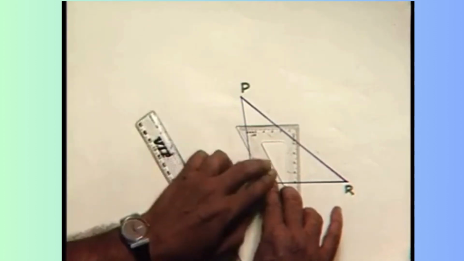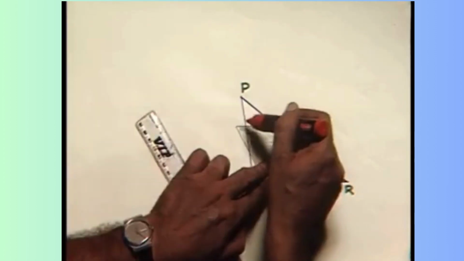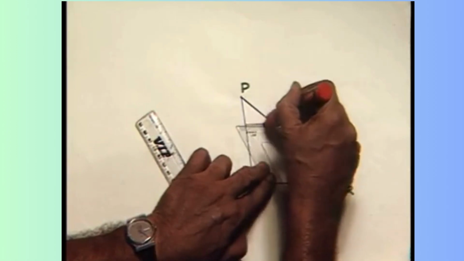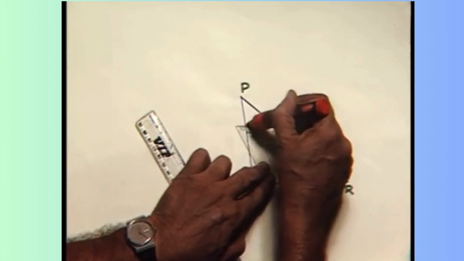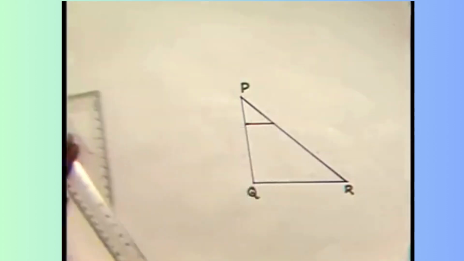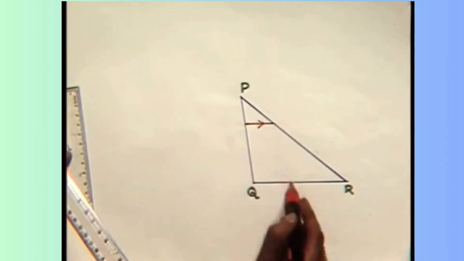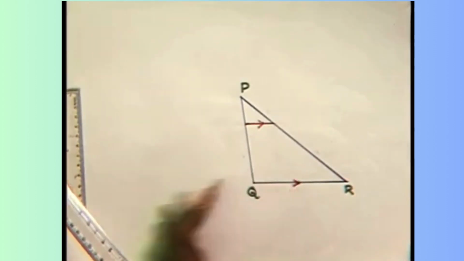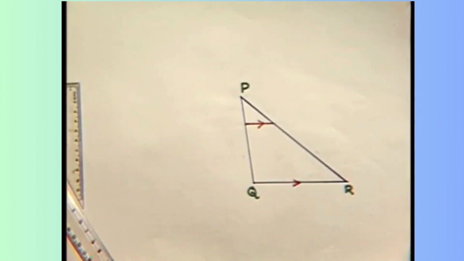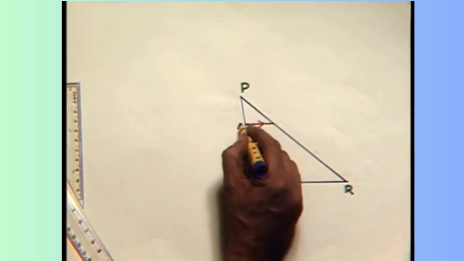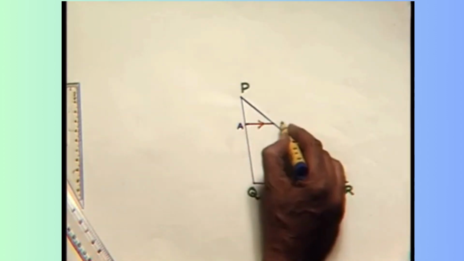So, here when I draw the line, this line is parallel to this line. Let us measure these two segments, naming this point as A and this point as B.